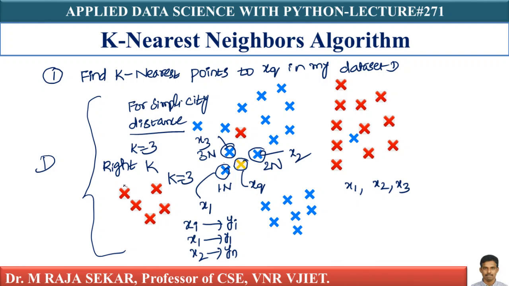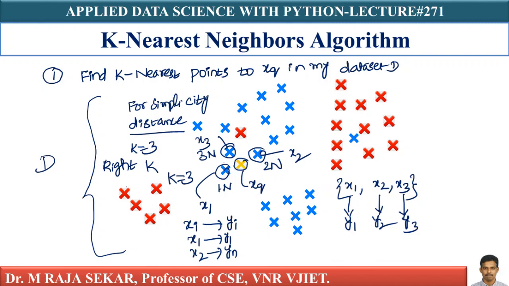These are points like x1, y1, x2, y2, x3, y3. Therefore, I have corresponding yi's. This is my y1, this is my y2, this is my y3. These are the corresponding labels because I am given this data.